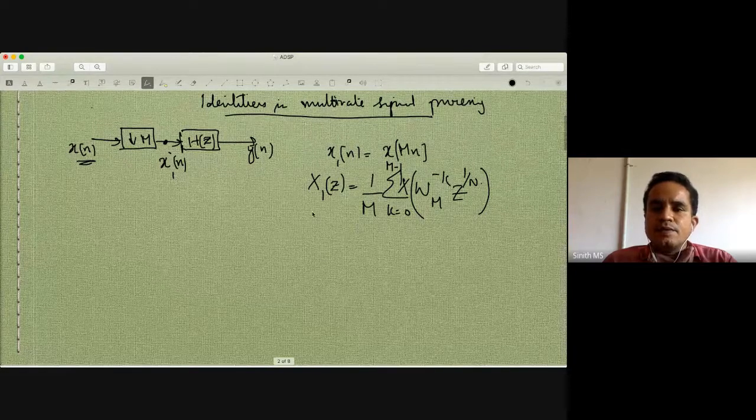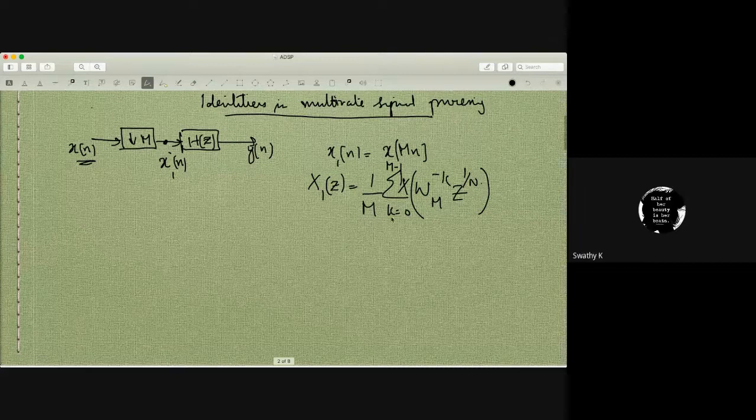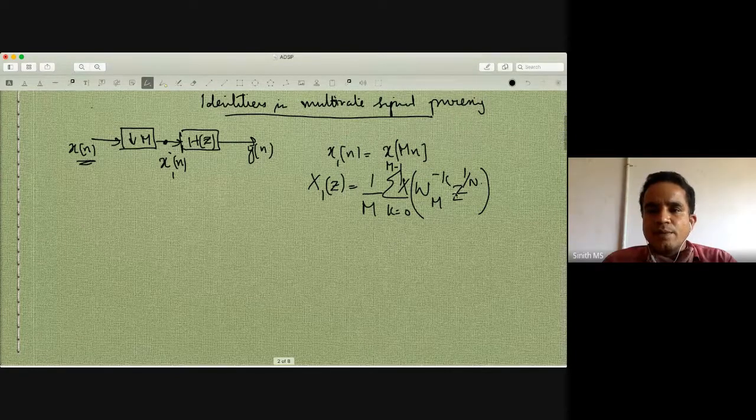This is the summation that we have. It should be 1 by m, z raised to 1 by m. Yeah, correct.